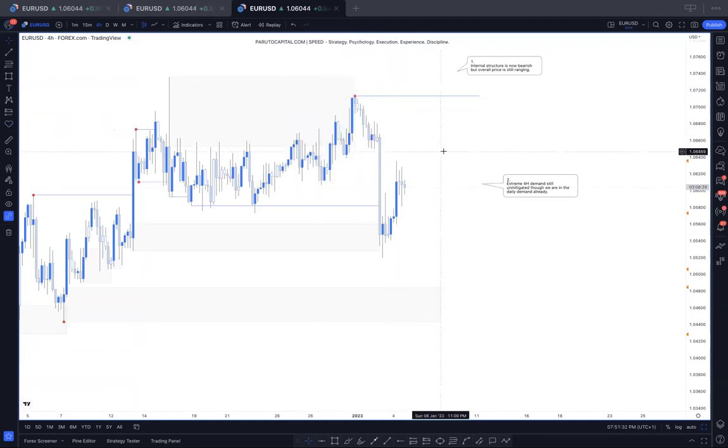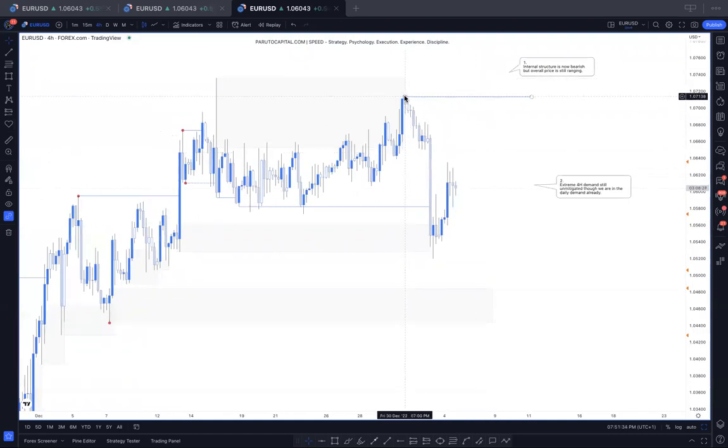Okay, so let me just put that there. So that's our high, right? Now market broke structure here. That means this was the low that got taken out. So this low got taken out by this move here and formed a new low here. So we also mark that out like that. Okay, so we have that.